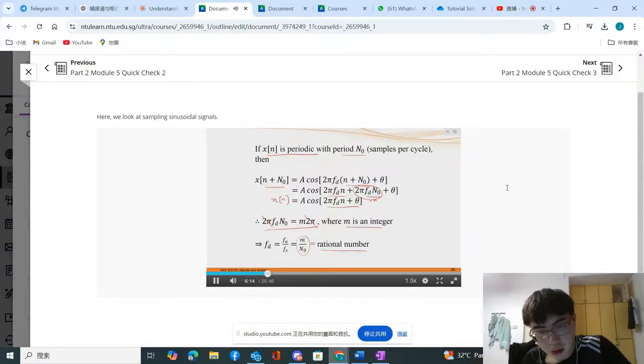Okay, so only when the ratio between the analog frequency and the sampling frequency is a rational number will the resulting sampled sinusoid be periodic.